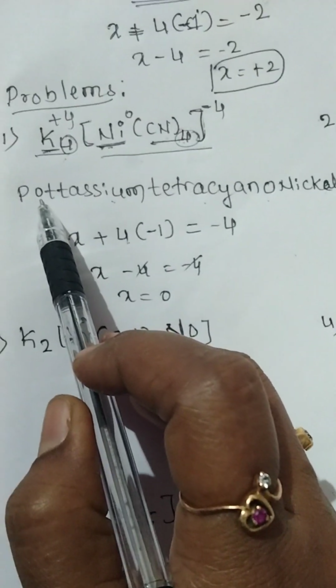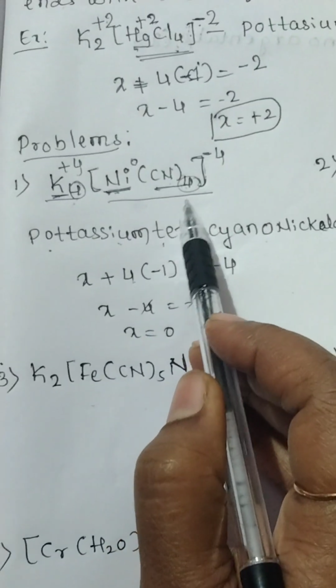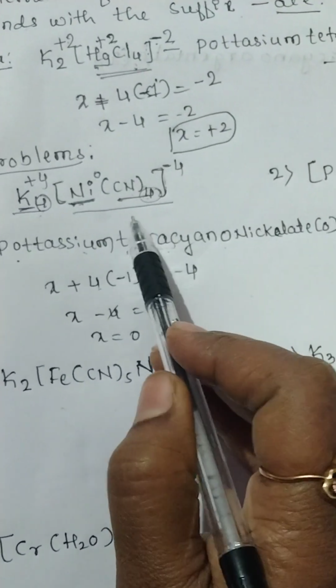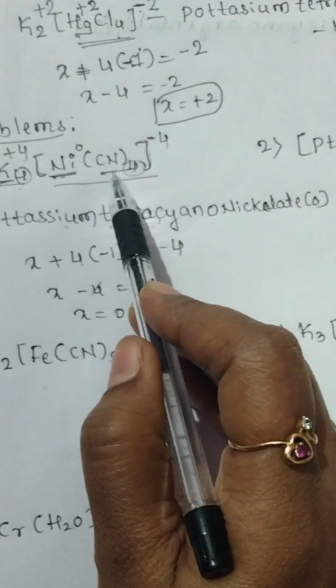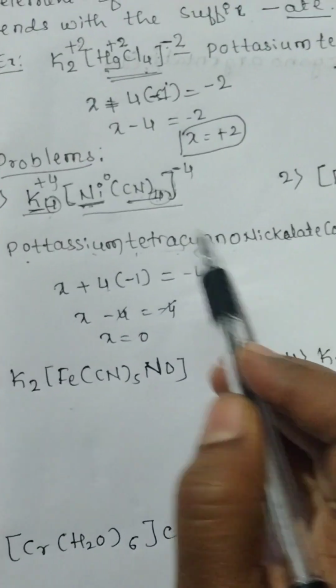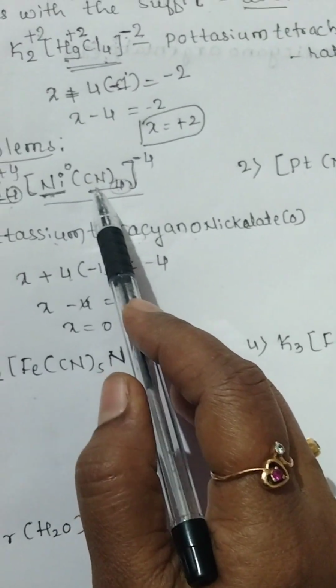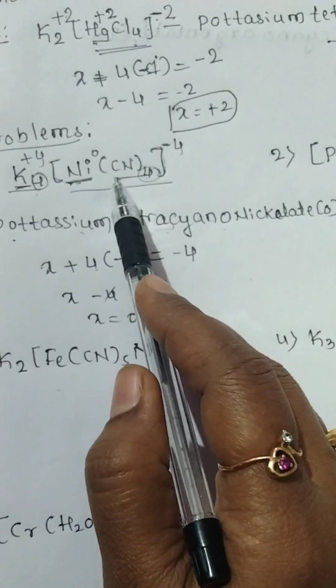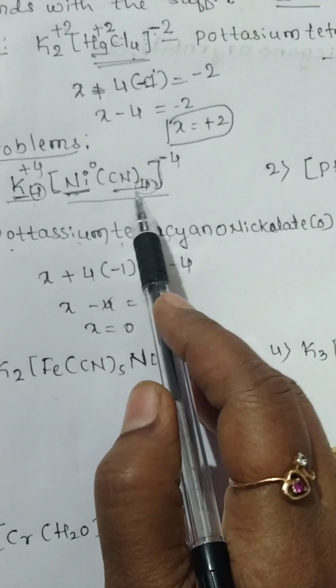So first I have written potassium. How many ligands? 4 ligands, that is tetra. The name of the ligand is cyano. Cyanide, but a negative ligand ends with the suffix O, so cyano or cyanido.